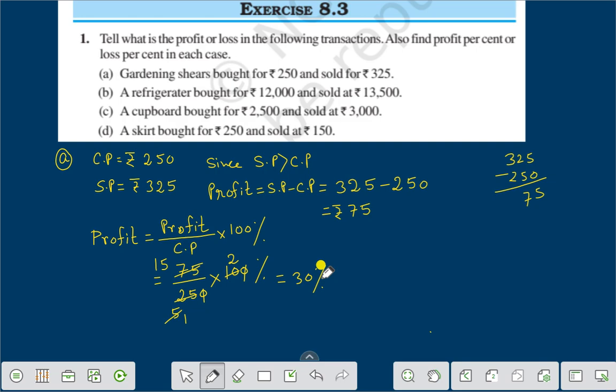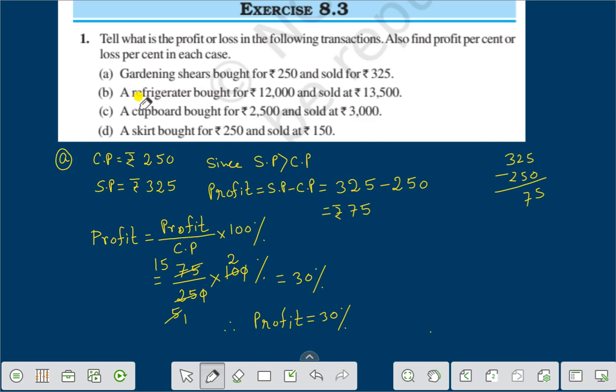Right? Therefore, we can write that profit is equal to 30%. This is the solution of question number A.